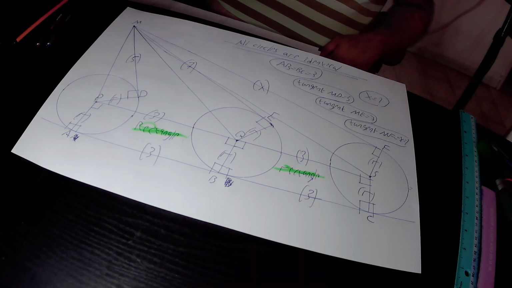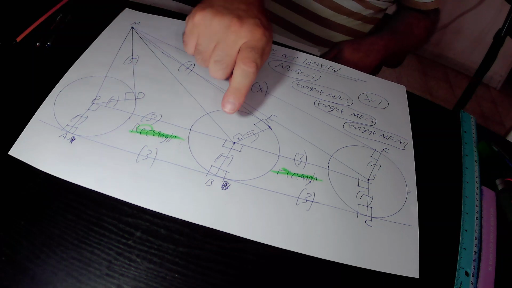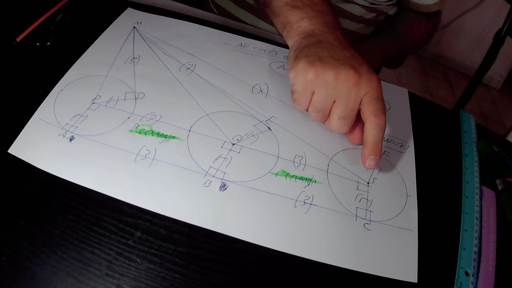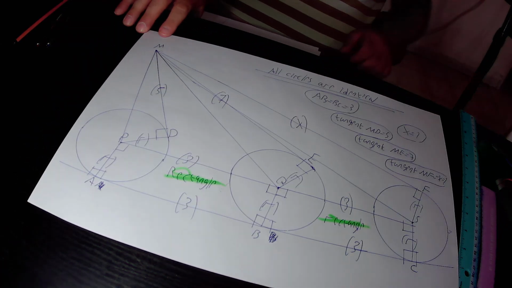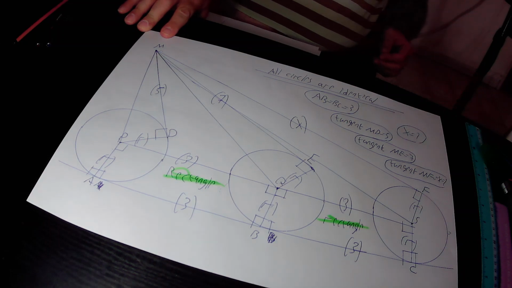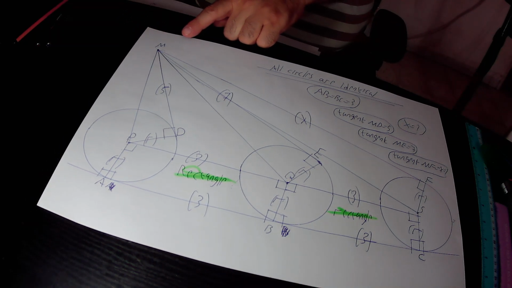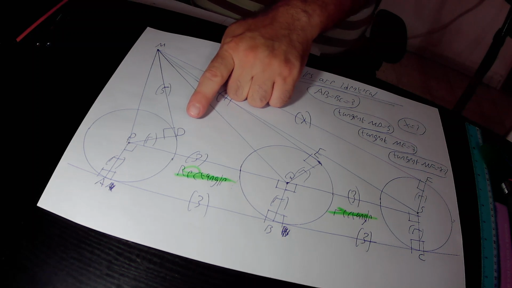Tangent ABC is tangent to this circle at point A. It is tangent to this middle circle at point B, and tangent to this circle at point C. In addition, we have this common external point M. From this common external point M, we have tangent MD to this circle at point D.